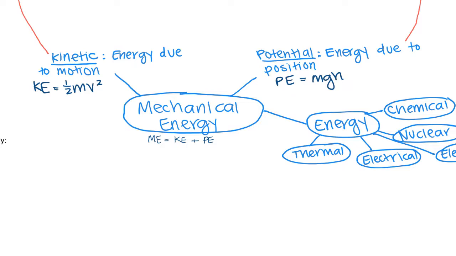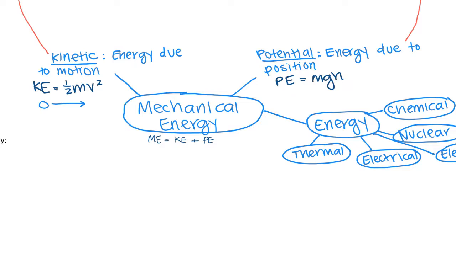The object has to be in motion to have kinetic energy, so we have to have a moving object in order to have kinetic energy. And that is because it is calculated using velocity. So if an object isn't moving, it doesn't have a velocity, and therefore it does not have kinetic energy.